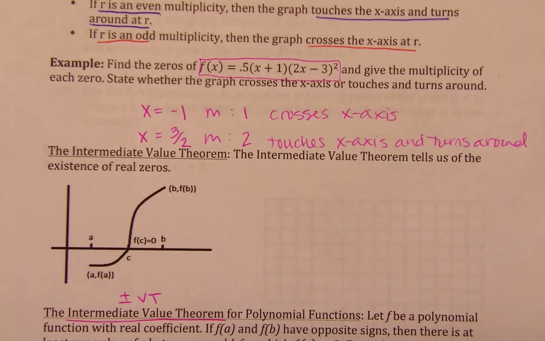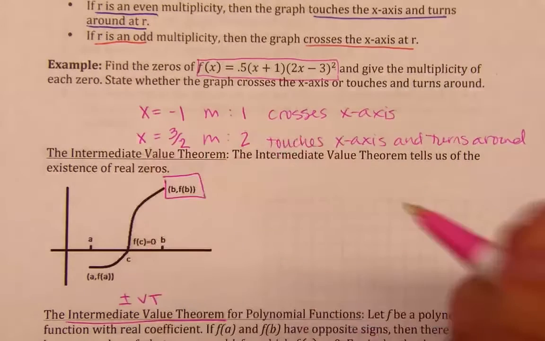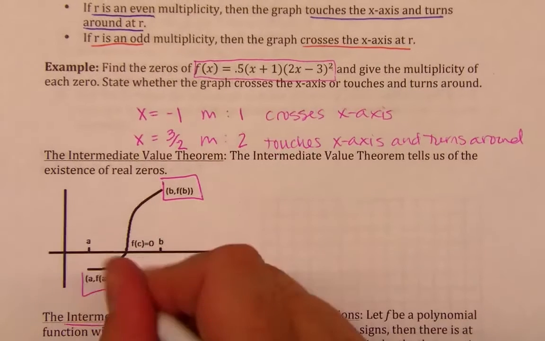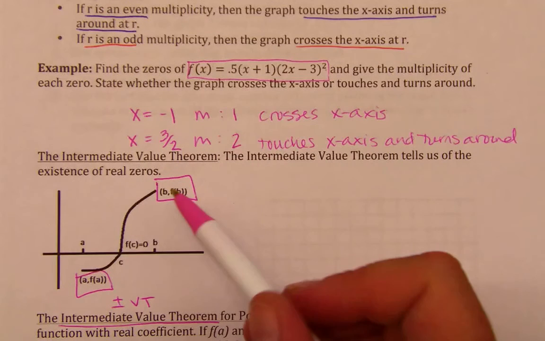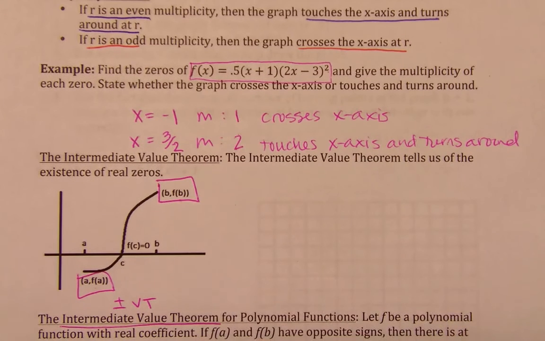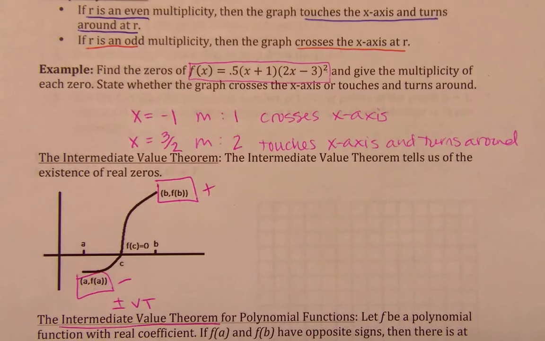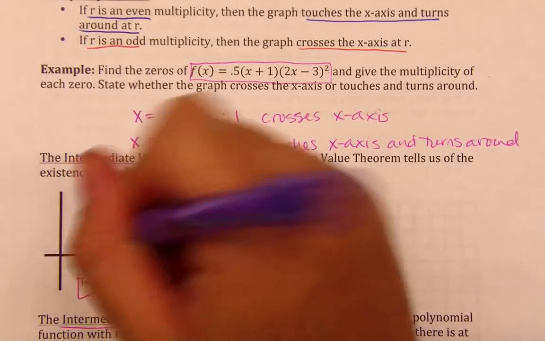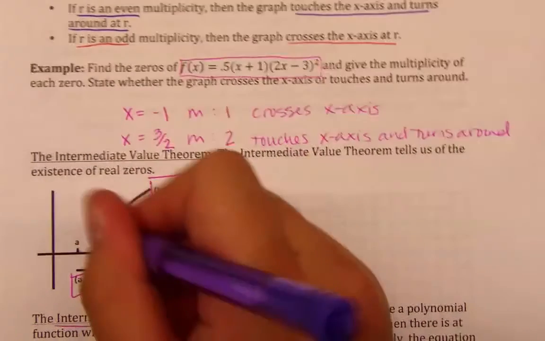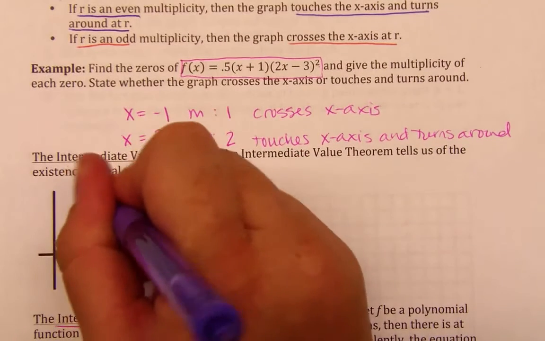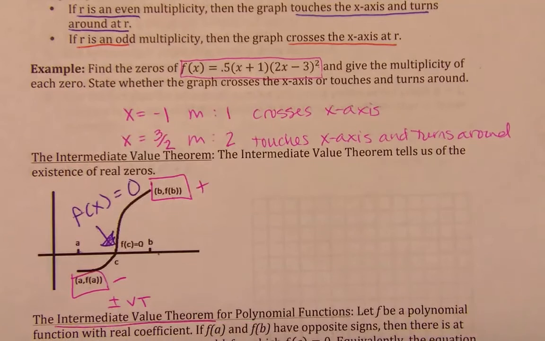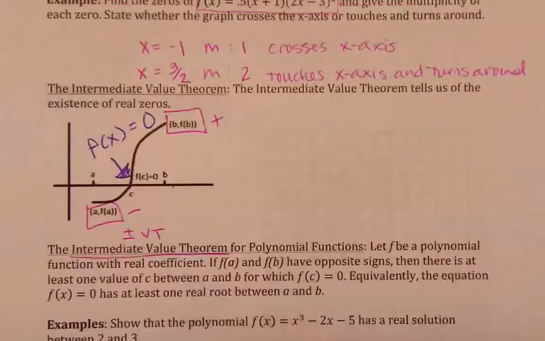What that tells us is that if I have some y value up here and I have some y value down here, so one above the x-axis and one below the x-axis, or in other words, something positive and something negative, that means that if this is a polynomial, there has to be a point in between these values where f of x, or our function, is equal to 0, where the y value is 0. That's all the intermediate value theorem is really telling us. We can use that to show that there is a 0.